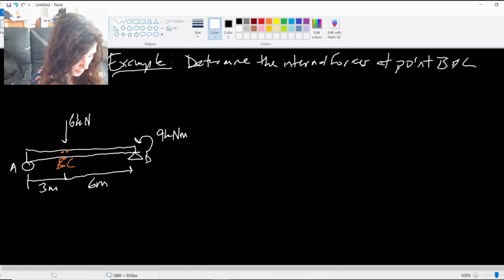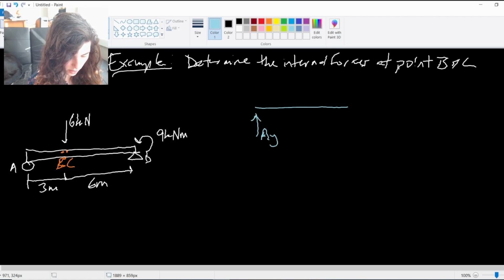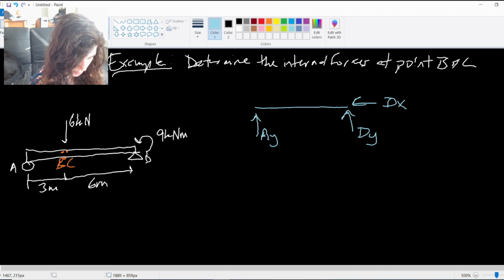I have my support reaction at A. It's a roller, so it only has that y direction force. And then I have one at D, Dy and Dx. And then, of course, those applied forces that were already there: the moment of 9 kilonewton meters at D, and the applied force of 6 kilonewtons.